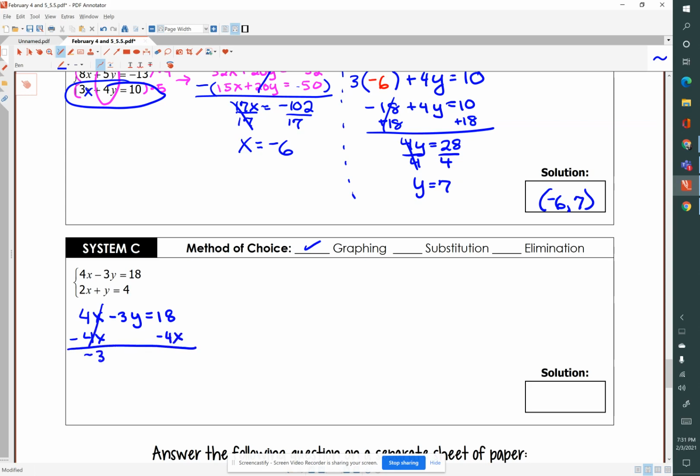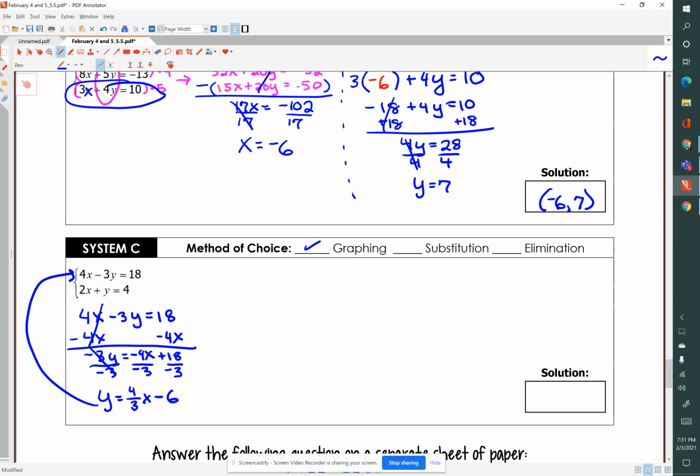So I have negative 3y equals negative 4x plus 18. I'll divide everything by negative 3. And that gives me y equals, and negative divided by negative is a positive, so y equals positive 4/3 x minus 6. So this is the first equation.